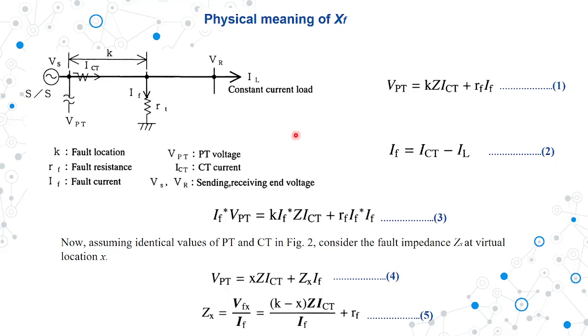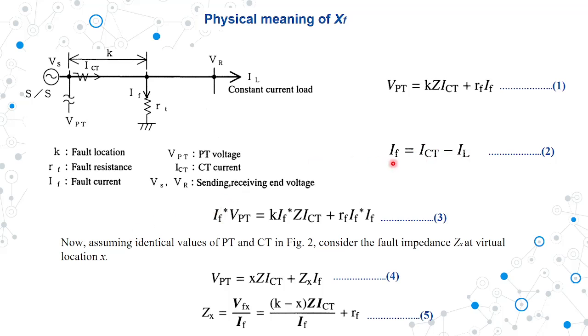ICT is equal to IF plus IL. The whole current that passes through the CT is equal to IL plus IF. To find IF, where IL is coming in at this end, we can say IF equals ICT minus IL in the second equation.